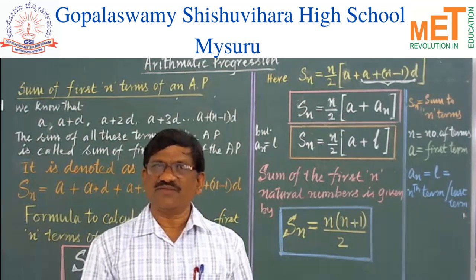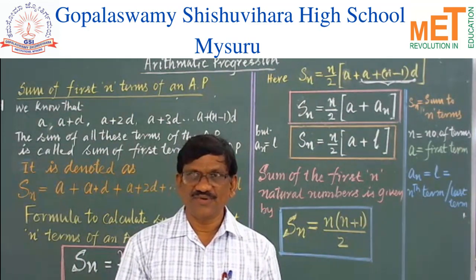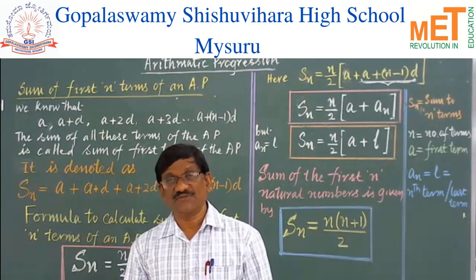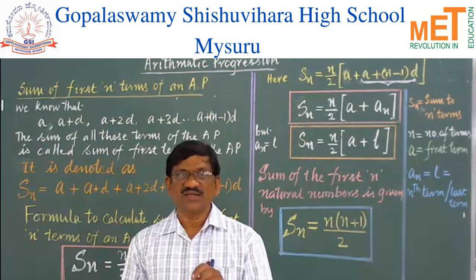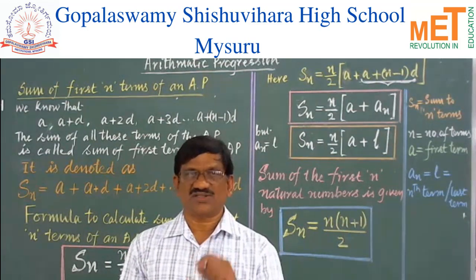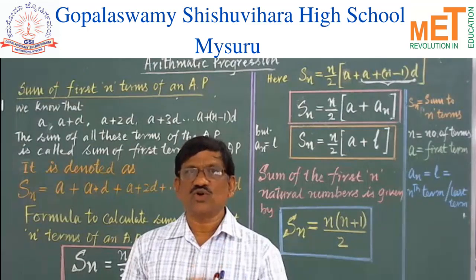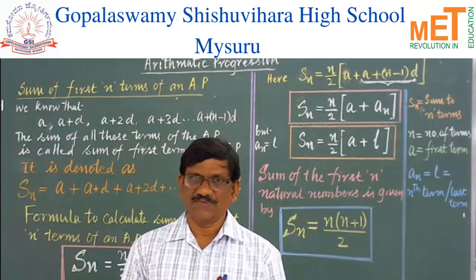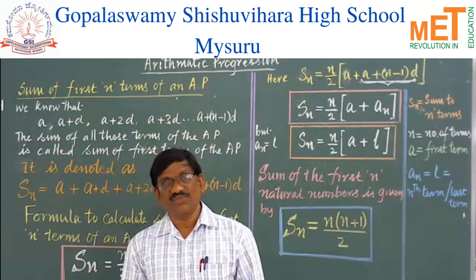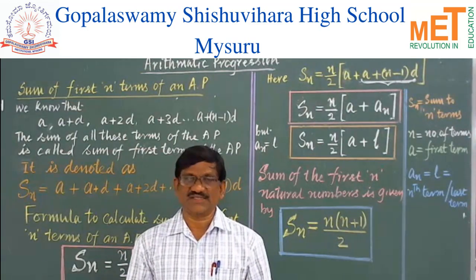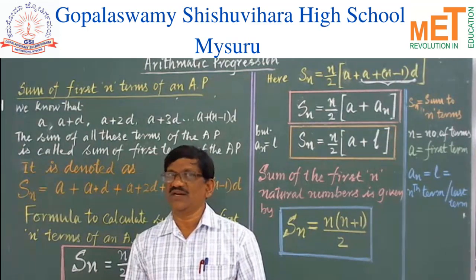A sequence is said to be in arithmetic progression if the common difference, the difference between any two consecutive terms, is constant. That constant is also called a fixed number. Clear children? That fixed number or common difference is denoted by the symbol D.